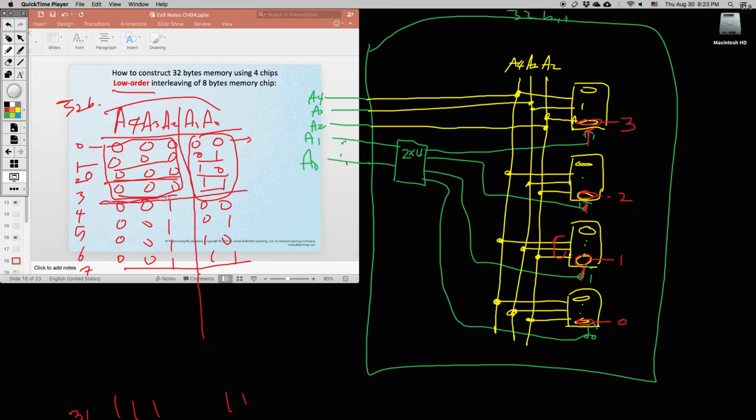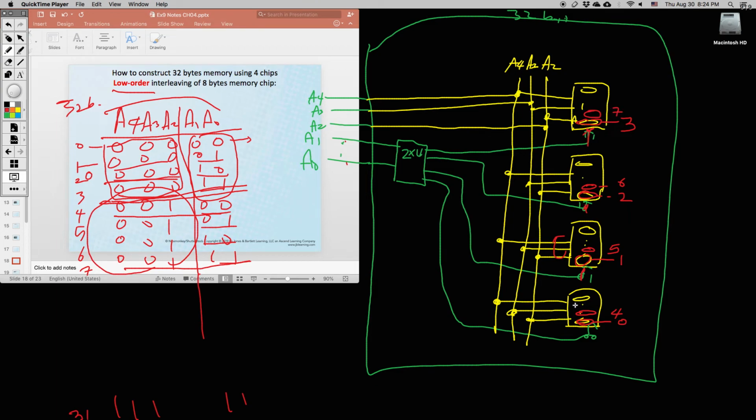So a group of four is taken care of, and now we repeat that: 0, 0, 0, 1, 1, 0, 1, 1 selects the first, second, third, and fourth chip, but all three have the same address lines, 0, 0, 1, which means the second location in each chip. So the second location in the first chip becomes address 4, then this becomes 5, then 6, and 7.